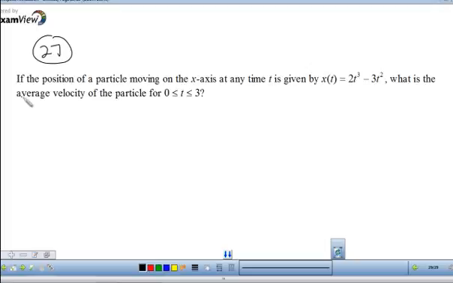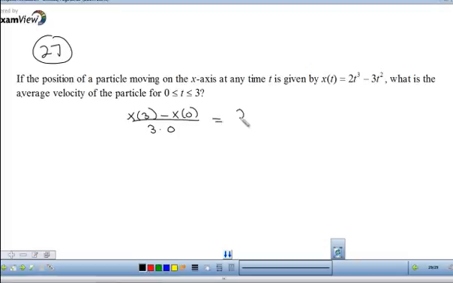Okay, so the position of a particle moving on the x-axis at any time t is given by x of t equals t to the third. What is the average velocity of the particle? To find the average velocity, it's basically the average derivative. So I'm going to find x of 3 minus x of 0 over 3 minus 0.